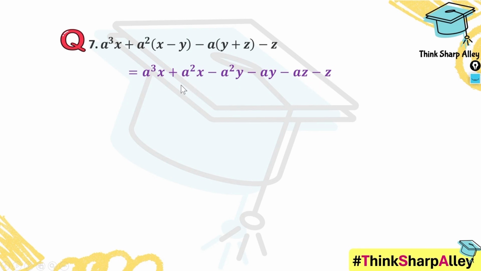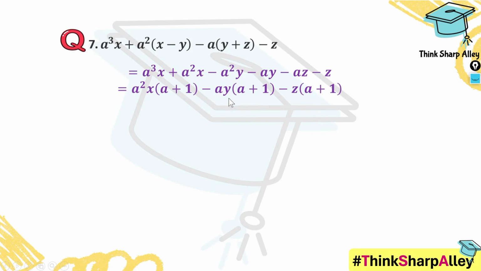So let's take common. From these two we can take a square x common, so we'll be left with only a plus 1. From the next part we can take ay common, so we'll be left with again a from here and nothing, which means 1. And the sign is plus because we have taken minus common, right?